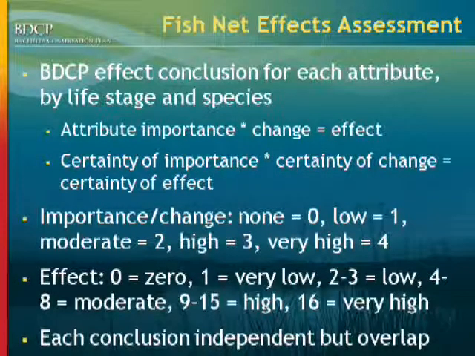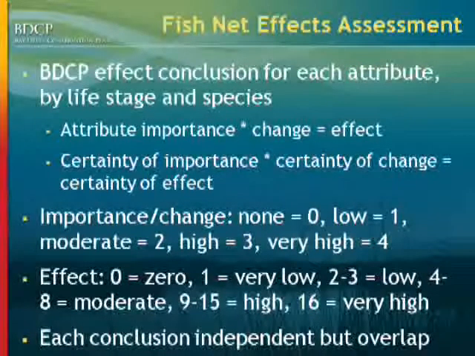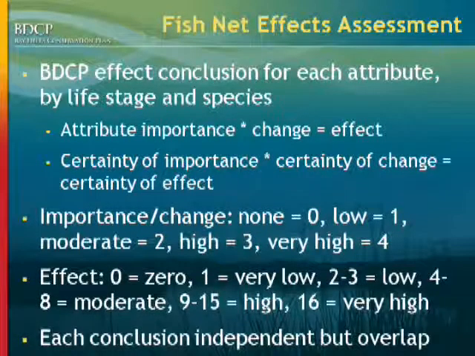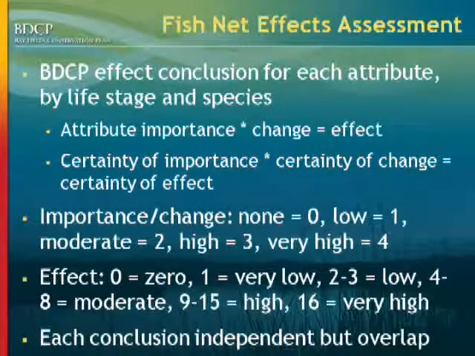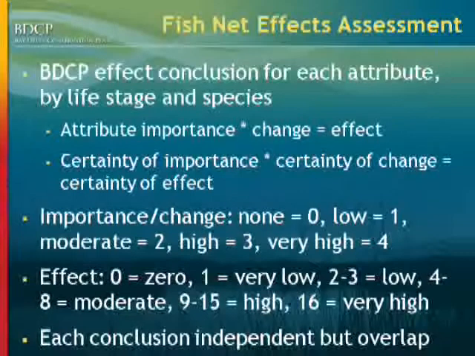So the breakpoints for these basically were in relation to, for example, a high importance coupled with a high level of change was assumed to be a high effect. So a 3 times a 3 would be a 9, and so on. So a critical importance times a very high change was assumed to be a 16. And so it's kind of a non-linear type scale.